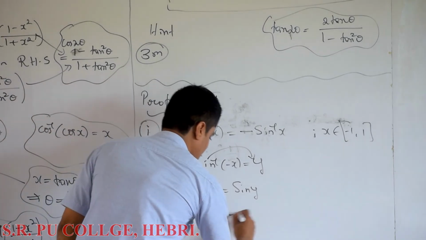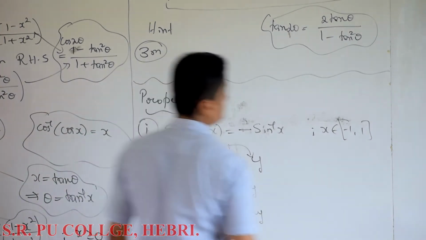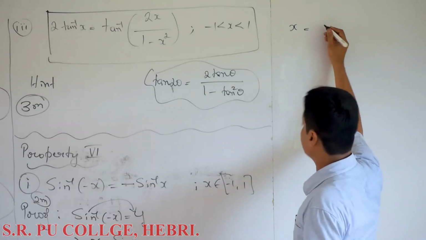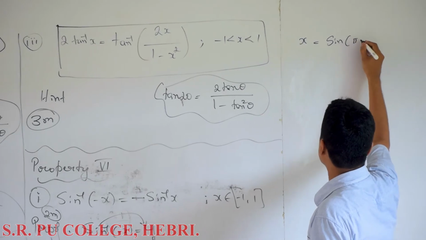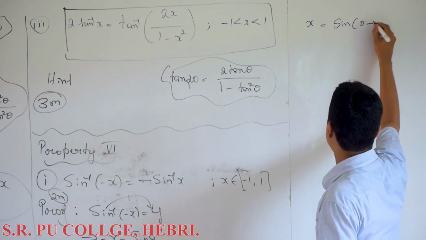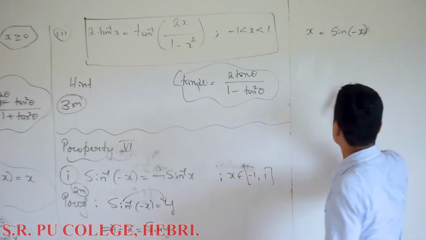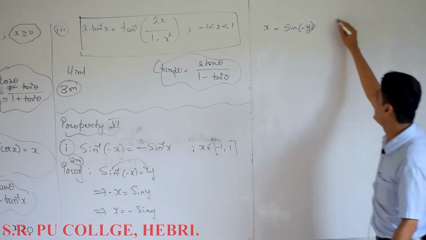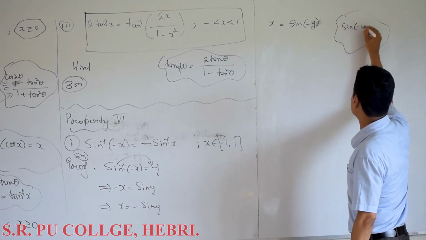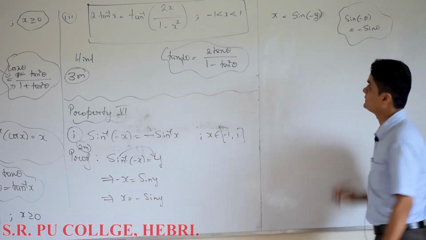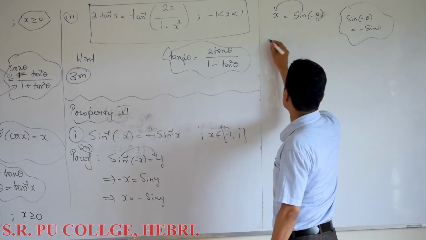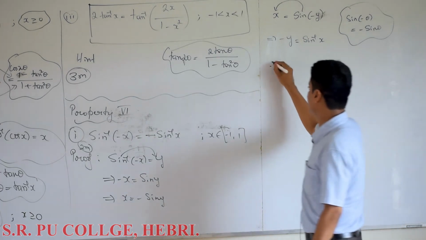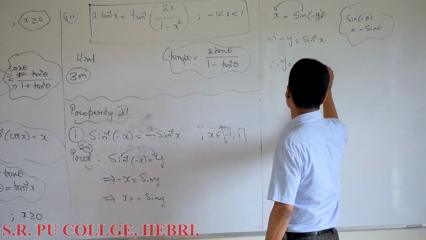So x is equal to minus sin y, and I can write this minus sin y as sine of minus y, using the first PUC trigonometry formula, sine of minus theta is equal to minus sine theta. Again take this sine to this side. So minus y is equal to sine inverse of x. Therefore y is equal to minus sine inverse of x.